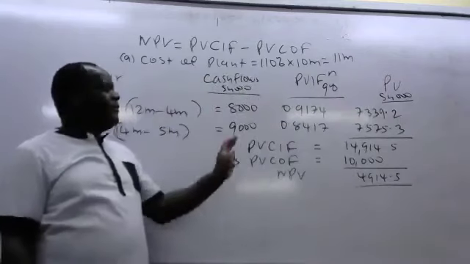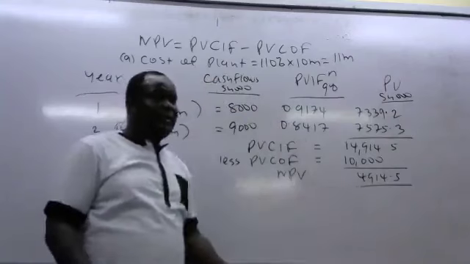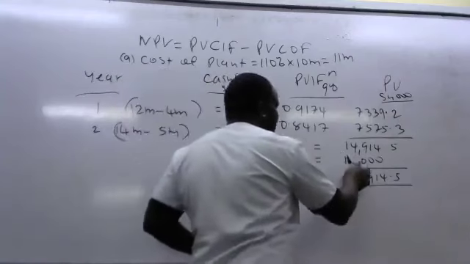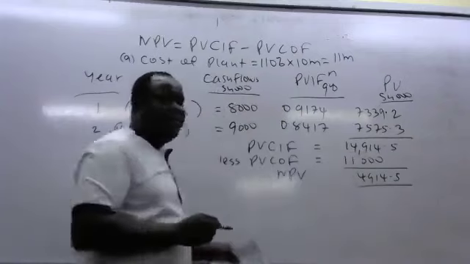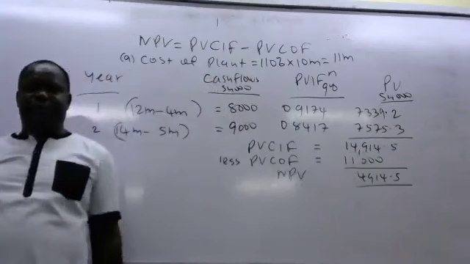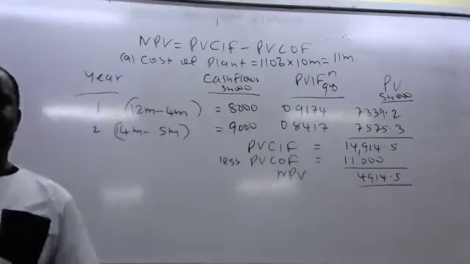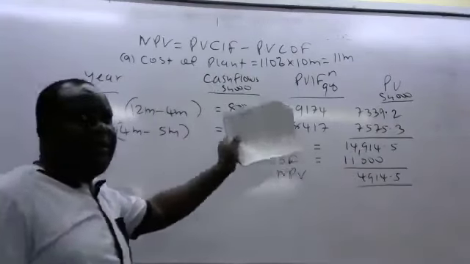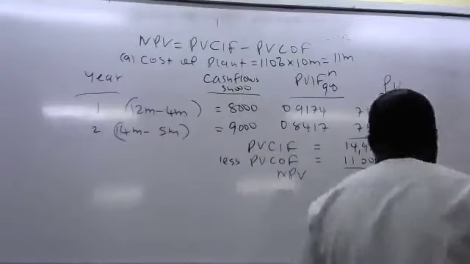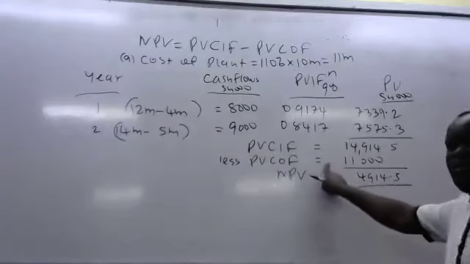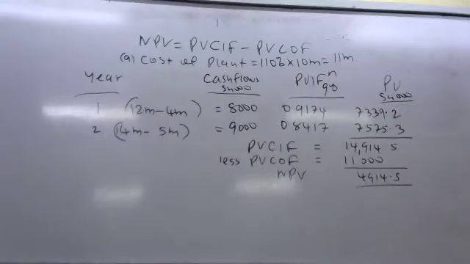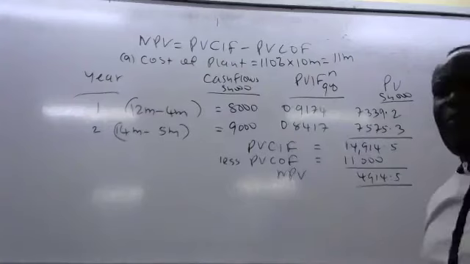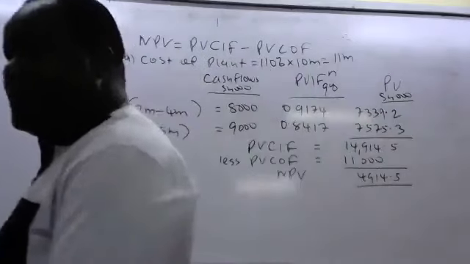When it comes to this point, all the details will remain the same. You only change this; you put there now 11 millions. Get the new NPV. We repeat everything the way it is, but where there is the initial cost, you replace it with 11 million. All other items are not going to be affected.